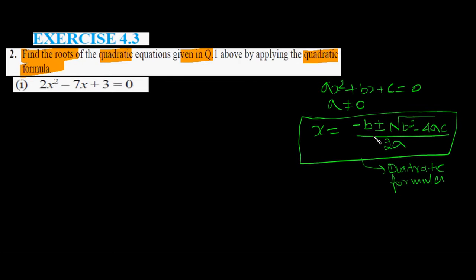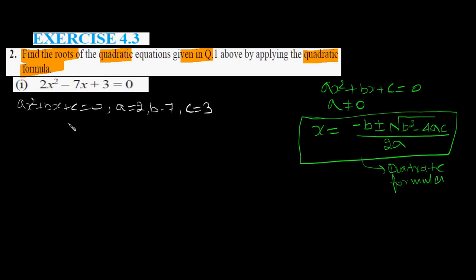Okay, so now let us solve the given equation by using the quadratic formula. If we compare the given equation with the standard quadratic equation ax square plus bx plus c is equal to 0, we can very easily say that the value of a is 2, the value of b is minus 7, and the value of c is 3.